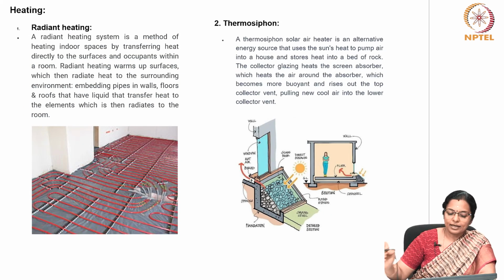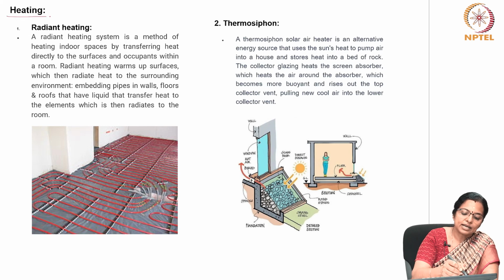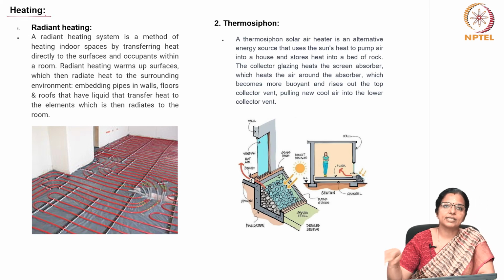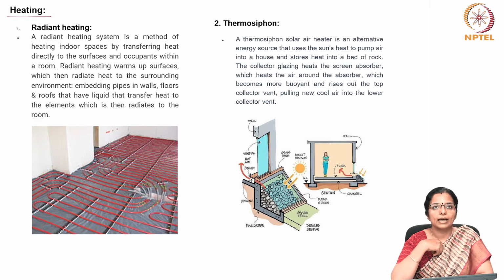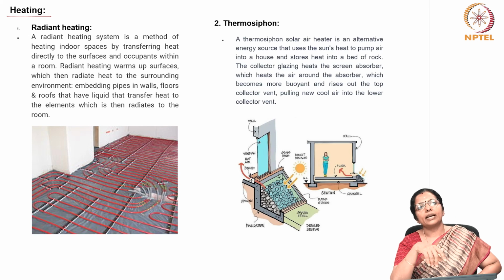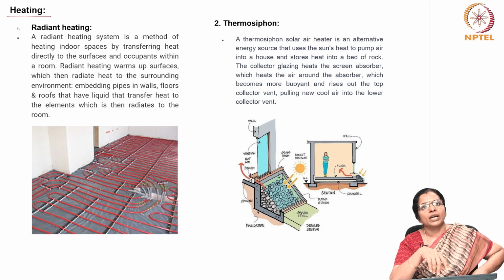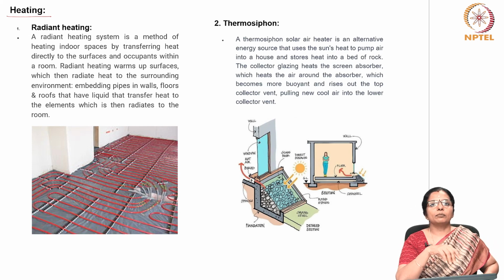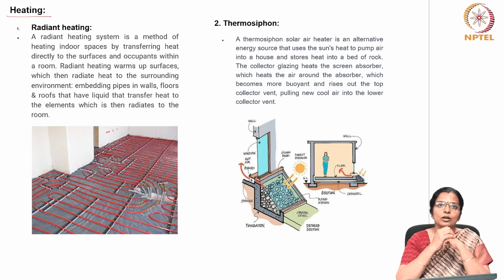Then we will look at heating systems, advanced passive heating systems to be used in cold climates. First is the radiant heating system. A radiant heating system is a method of heating indoor spaces by transferring heat directly to the surfaces and occupants within a room.